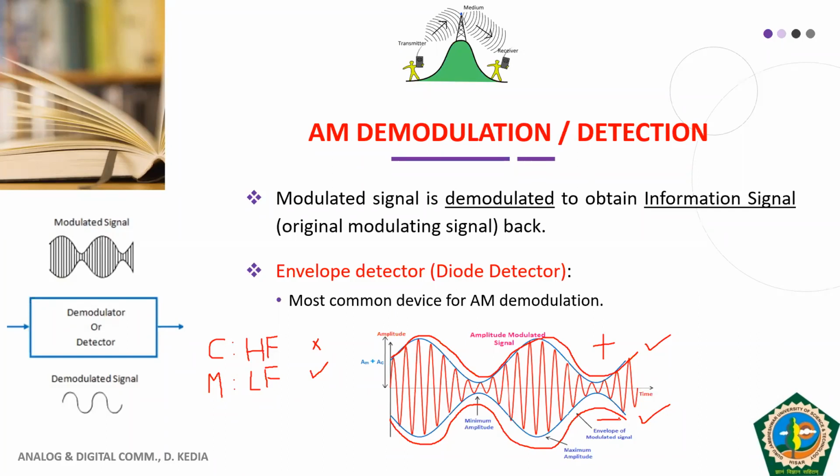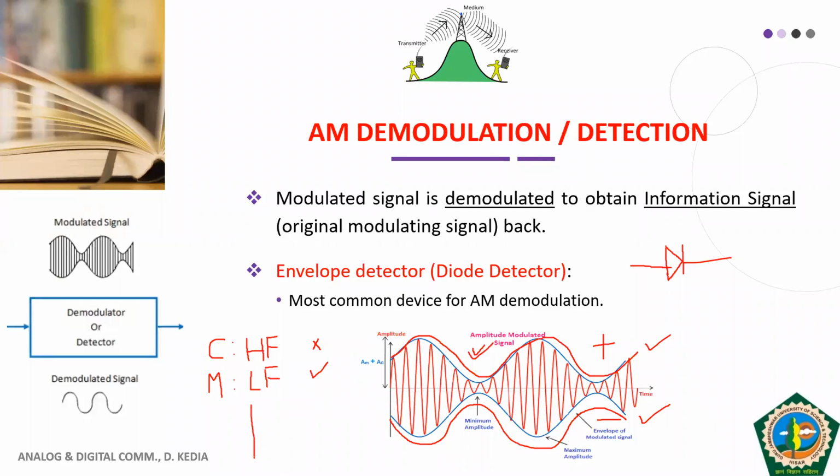which allows our signal to pass through in one direction. Okay, so if your diode is connected in this direction, or if your diode is forward biased, it will allow the signal to pass through. If the diode is reverse biased, it will not allow the signal to pass through. Okay, so if I want only the positive part, I'll use a diode, and in that case, the rest of the signal will be clipped and only the positive part will be left.